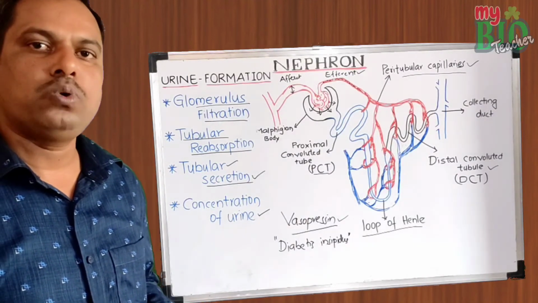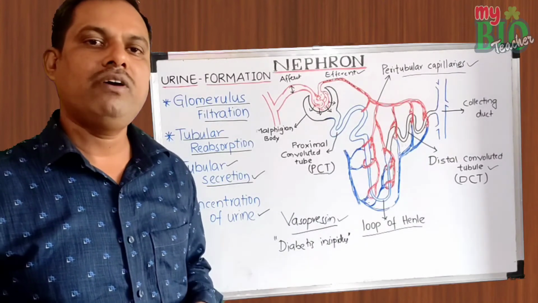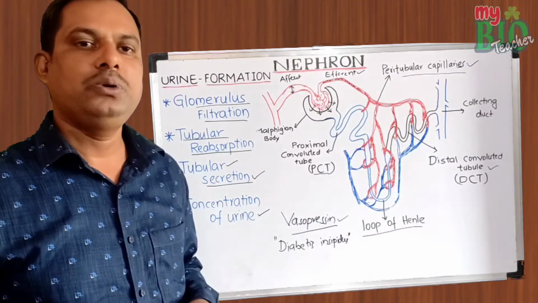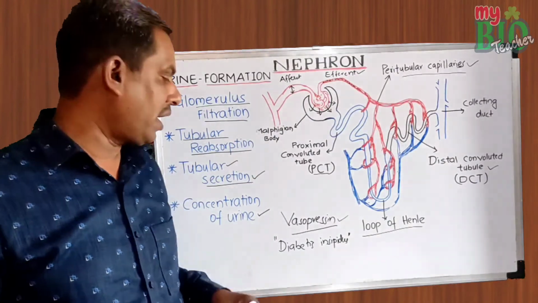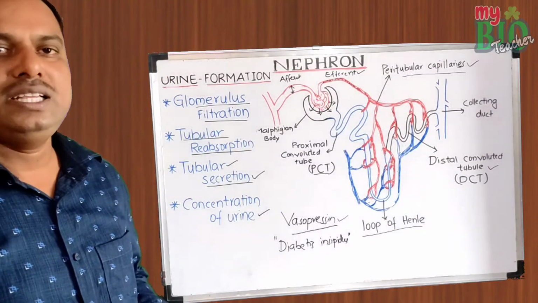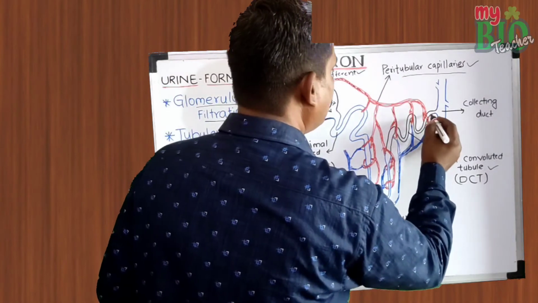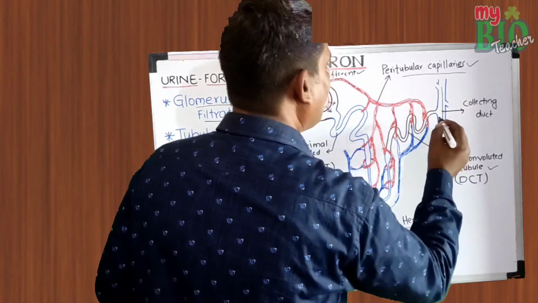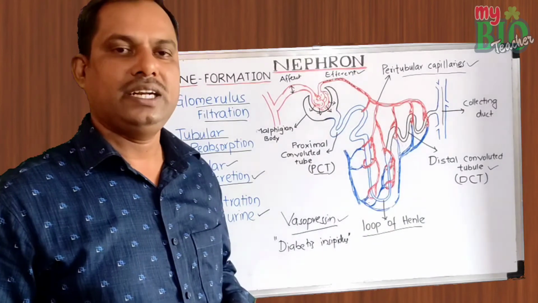A person suffering from diabetes insipidus will frequently go for urination, because concentration of urine won't occur. So in this way, the concentrated urine finally enters the collecting duct.